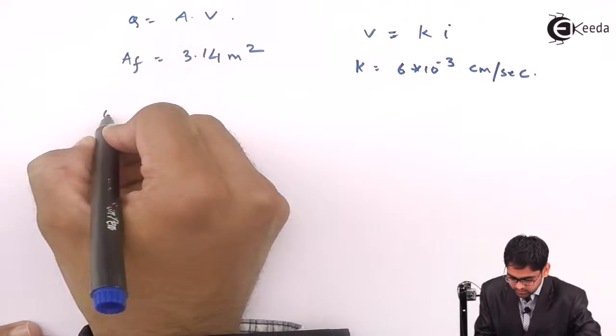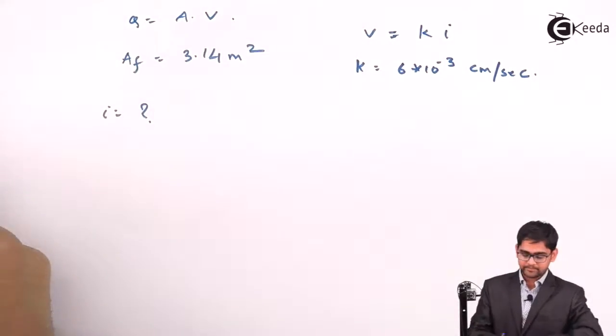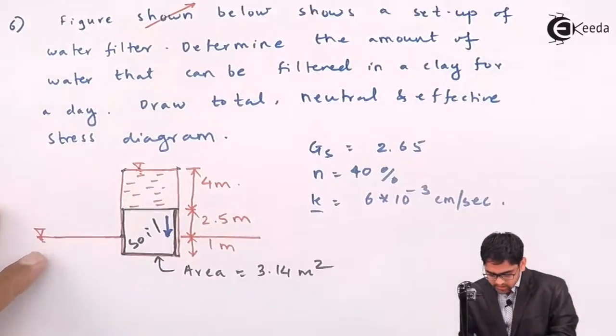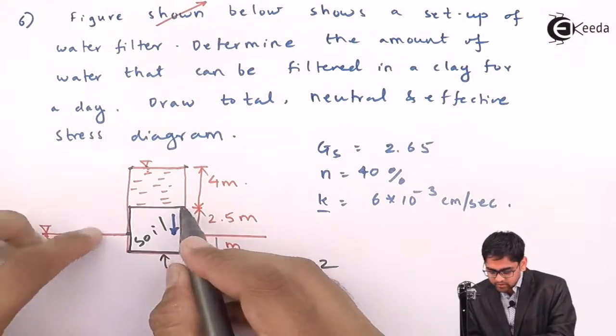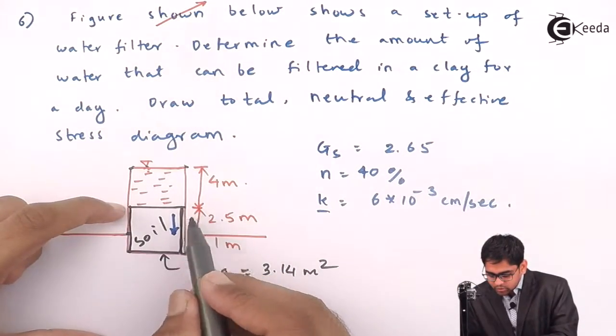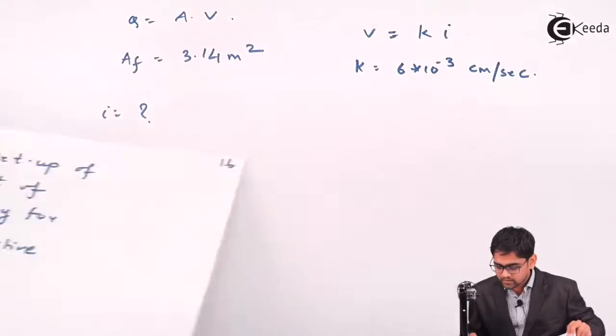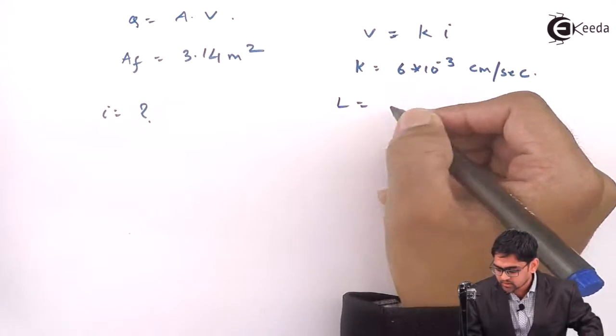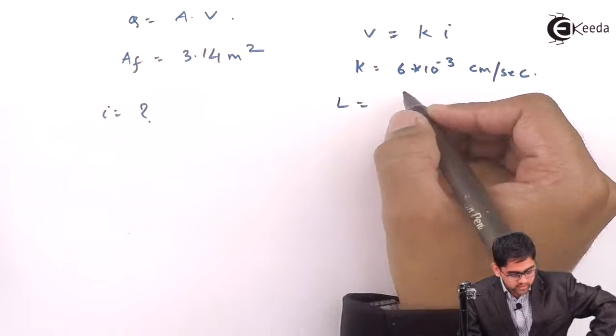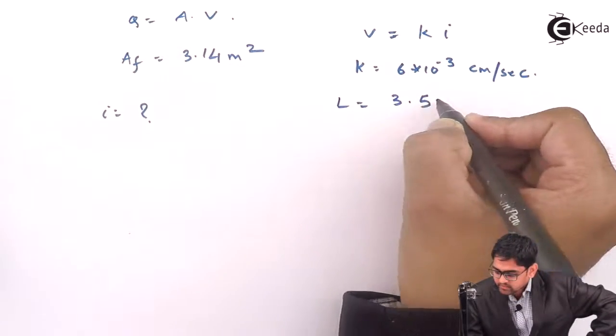You also need to evaluate I. The length of the flow is 2.5 plus 1, so L, the length of the soil specimen through which the flow occurs, is 3.5 meter.